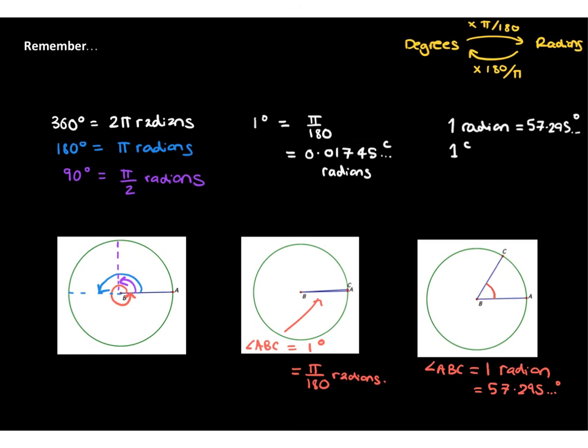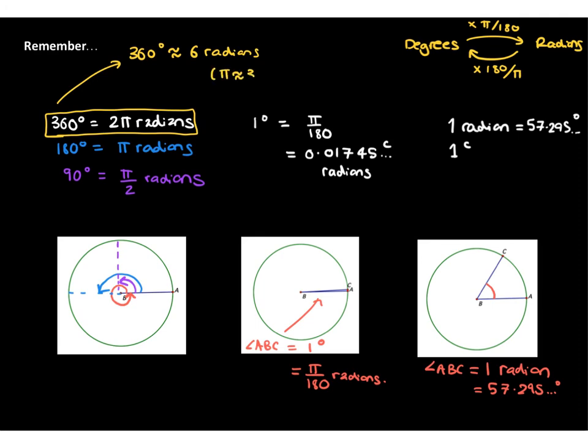So that's what 1 radian actually looks like visually, and I think it's important for you to be able to see that. Now, let's go back to this original statement over here, where 360 degrees is equal to 2 pi radians. Now, what is pi? Pi is 3.14 ... as you know, so it's about 3. So we can say that 360 degrees is approximately 6 radians, if we're using the fact that pi is approximately 3.